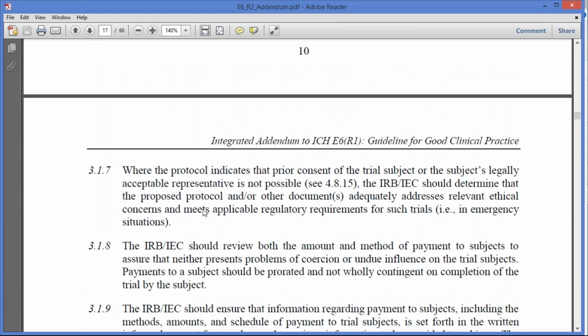Where the protocol indicates that prior consent is not possible before we enroll the subject, sometimes consent may not be possible for some studies. In those studies, IRB should determine which document, which protocol content addresses this point.